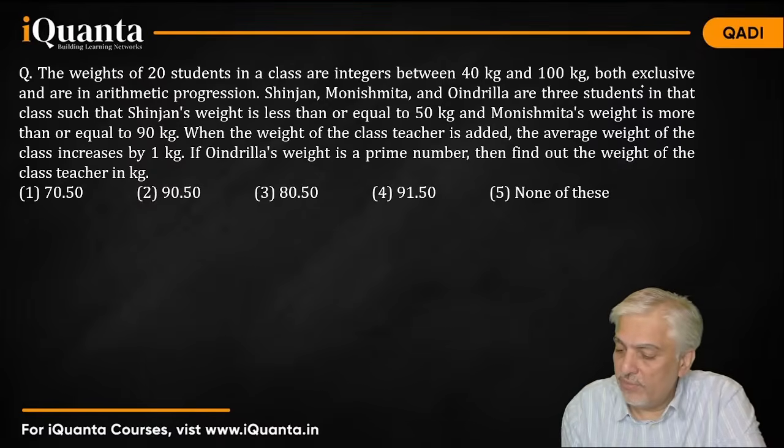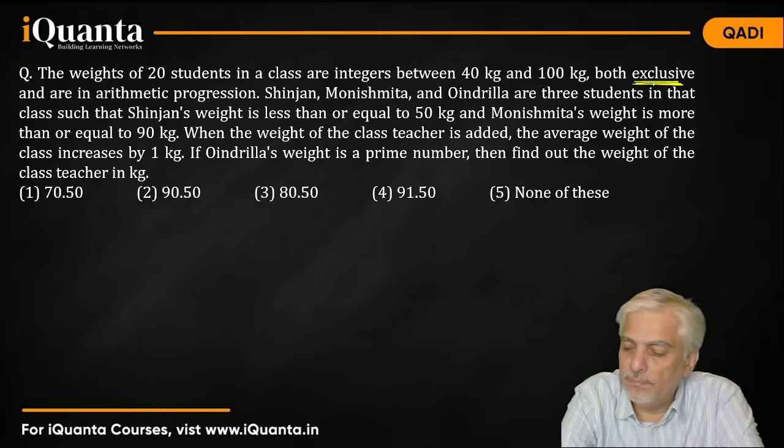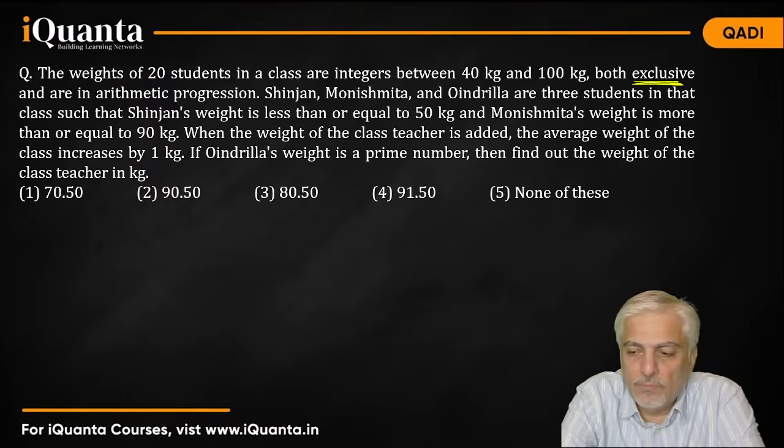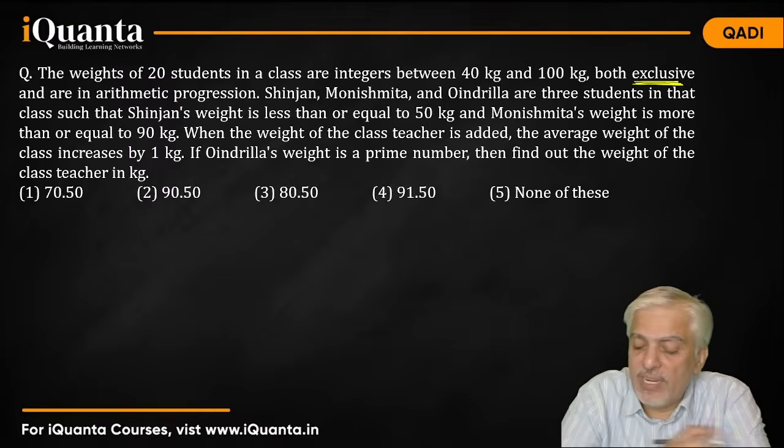It says exclusive. So there is somebody in the class who's less than 50.